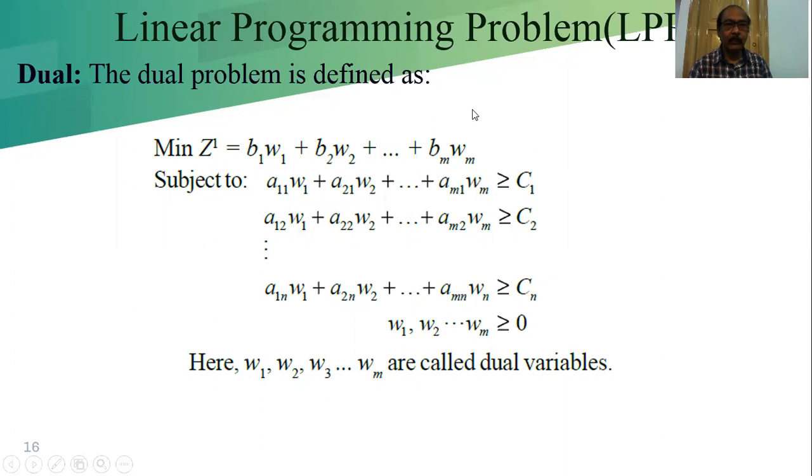All the coefficients of the primal objective function go to the right hand side of the dual: C1, C2, Cn. The last column of the primal is A1n, A2n, A3n, then AMN, so A1n W1 plus A2n W2 plus AMN Wm greater than equal to Cn, and W1, W2, Wm greater than equal to 0. Here W1, W2, W3, Wm are all the dual variables.